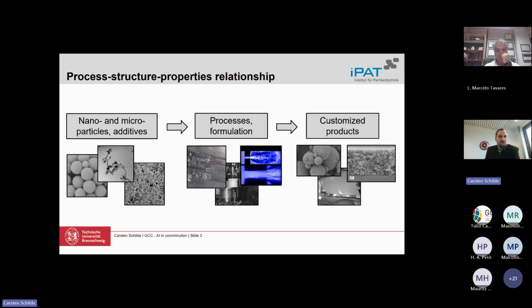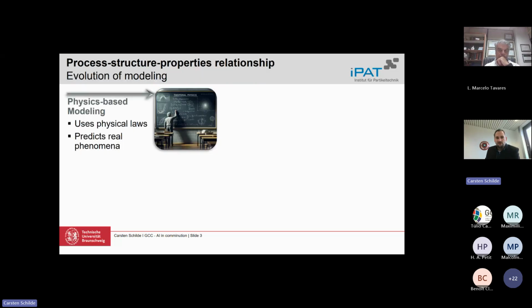The question is how these different processes depend on each other, and how the process parameters affect the structure, the intermediate product features, and the final product features of our product. In the past, we started with a lot of physics-based modeling in order to derive these equations and get this model. I'm focusing here on the model since, if we come to real-time control of stirred media milling, of course, we can just do it with a target value and try to adapt the target value based on a certain measurement.